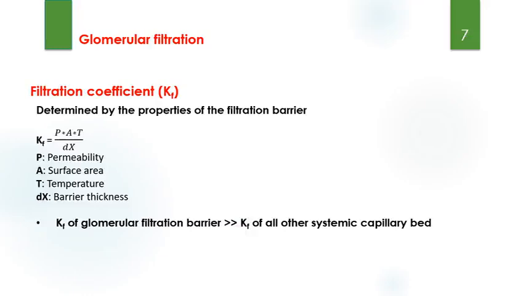Any factor that increases the permeability of the barrier or its surface area, or reduces its thickness, will increase the filtration coefficient and will increase the amount of plasma that is filtered from the glomerular capillary into the Bowman's capsule.